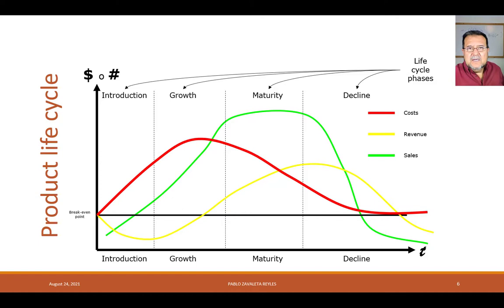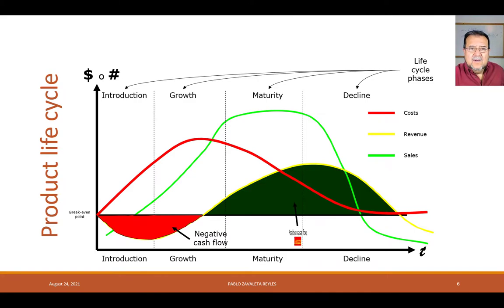Now, as you can easily see from your financial lessons, this area is negative cash flow. And if I recall the words of a wise professor who said to me, happiness is a positive cash flow. So happiness should be in the green area over there, but not so much.